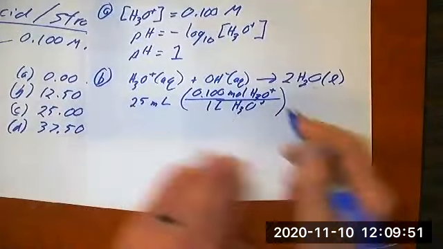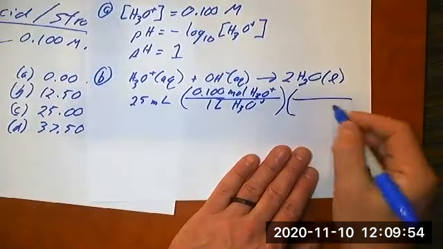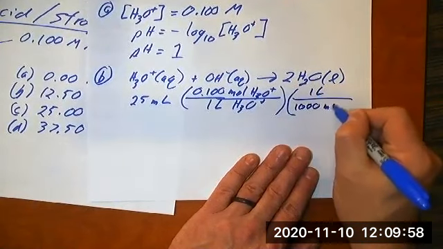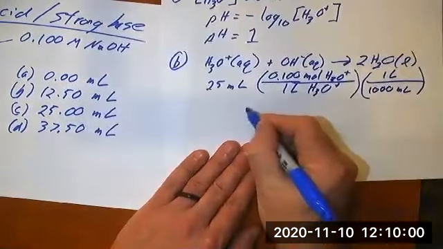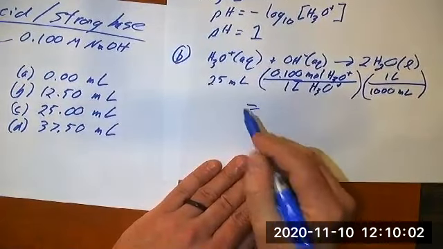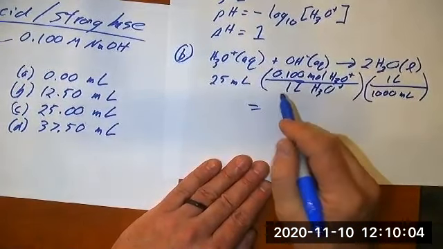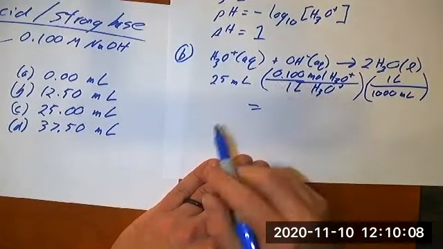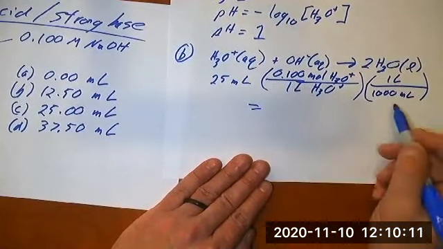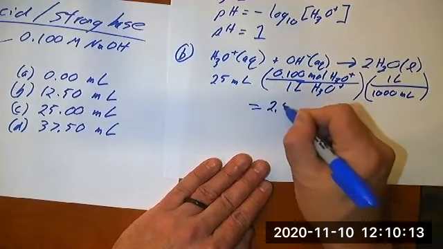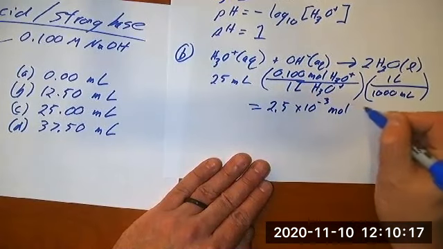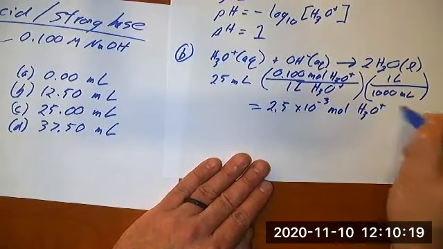In order to have milliliters and liters cancel, we need to do our dimensional analysis. 1 liter is 1,000 milliliters. And so this will tell us how many moles of hydronium we started with. So 25 times 0.1 gives us 2.5, divided by 1,000 makes it 2.5 times 10 to the minus 3 moles of hydronium.